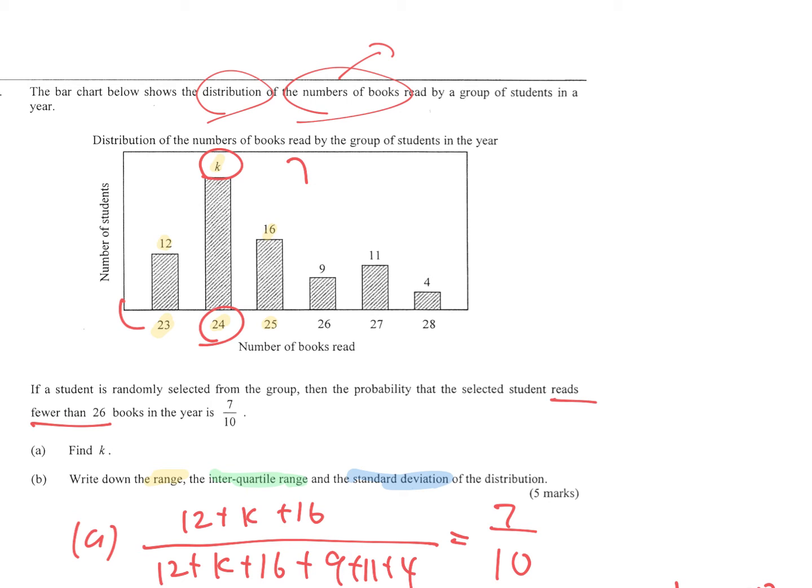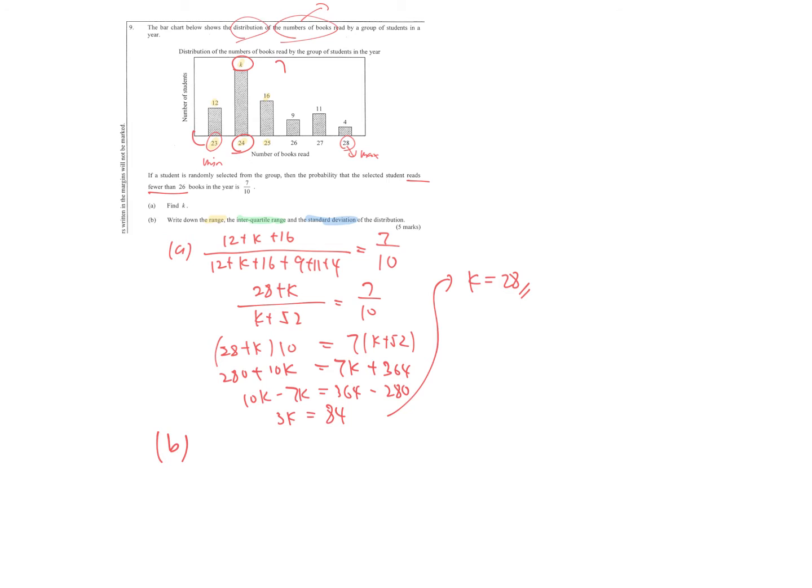That means 28 is the maximum, and then 23 is the minimum. All right, that's why finally the range is equal to 28 minus 23, so it should be 5. Is it all right?